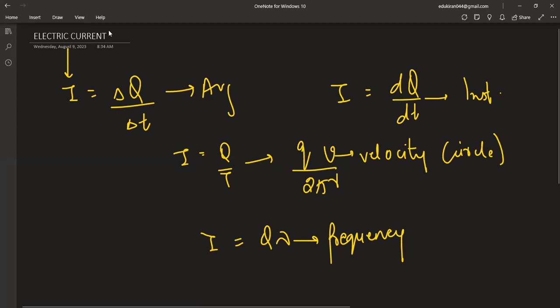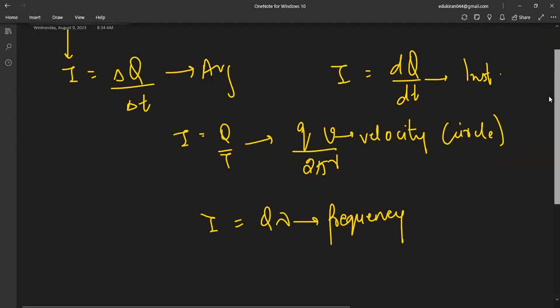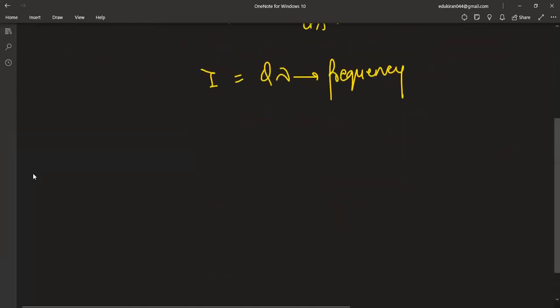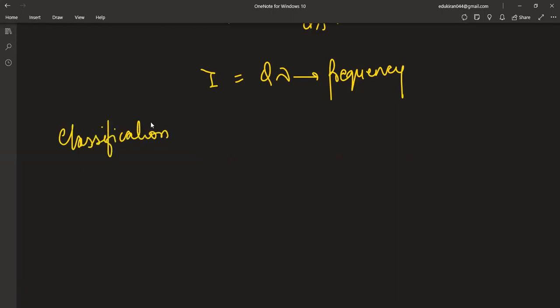Fine. Then we classify materials into 3 categories. When we talk about classification, you have 3 materials to remember. First one is a conductor. What is a conductor? A conductor is a material that allows electrons to move. In some materials, outer electrons of each atom or molecule are only weakly bound to it.